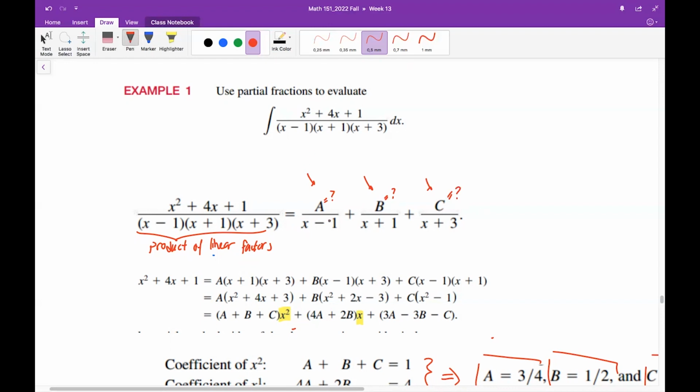Of course, by expanding the denominators here and then multiplying them with a, b, c, equating it to the numerator on the left-hand side, and then we try to solve for the constants.